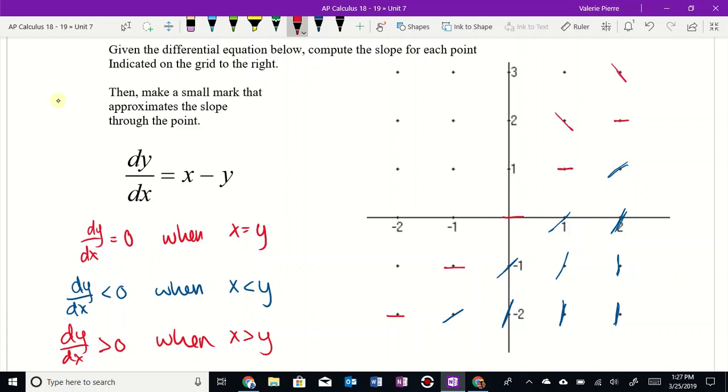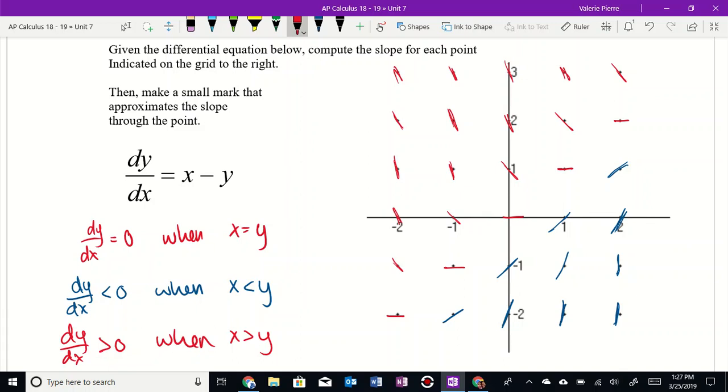I can check these numbers by plugging them into dy dx, but I have already, and I know that this is generally what those slopes look like. For the most part.